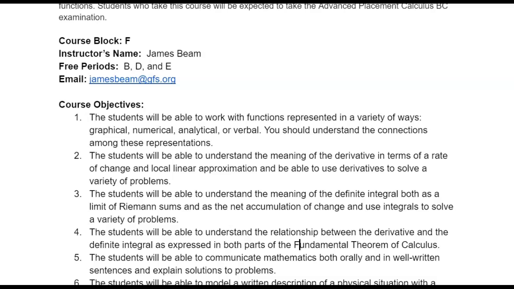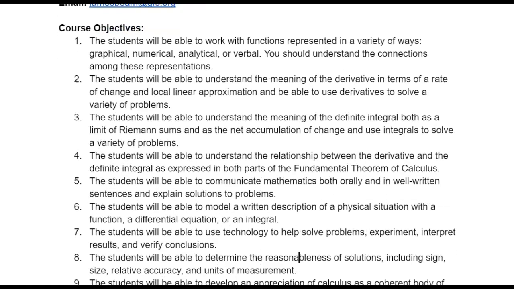My free periods are B, D, and E. If you want to meet with me during a free period or during the break or during the X block, you should reach out to me probably via email, because I do travel between buildings during the day. So it's probably the best idea to just make sure I am where you think I'm going to be, and we can connect.